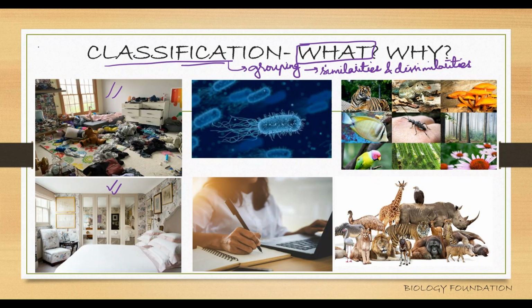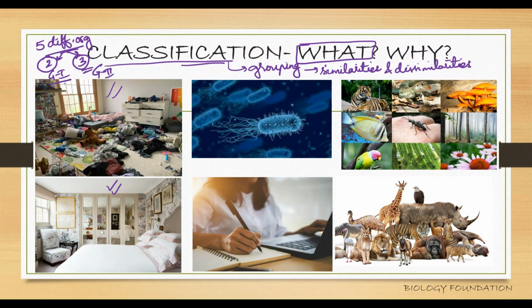I hope you're understanding. If there are, for example, five different organisms, okay, of which two organisms share properties with each other, and the remaining three share properties among themselves. So they are kept in two groups. Group one, the two organisms, and group two, these three organisms are kept.